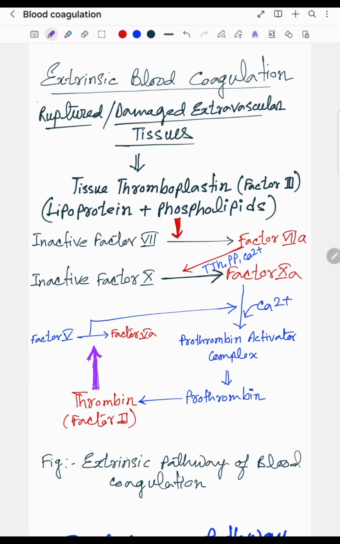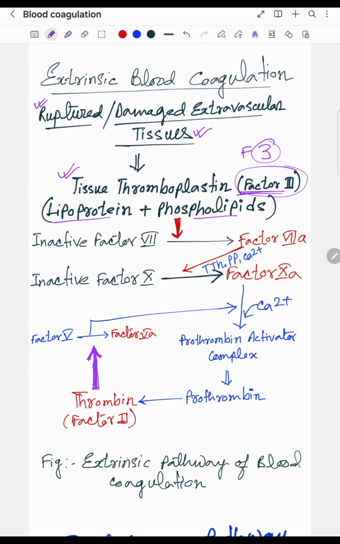So whenever there is rupture of blood vessel or damaged extravascular tissues, these tissues release the factor tissue thromboplastin, and it is factor 3. It is factor 3 which is tissue thromboplastin. Next, factor 3 is basically a compound of lipoprotein, that means lipid with protein, and phospholipid molecule. Its composition is lipoprotein and phospholipids.